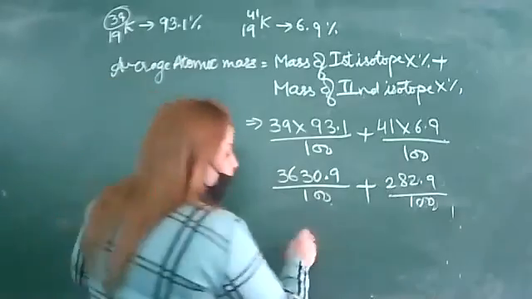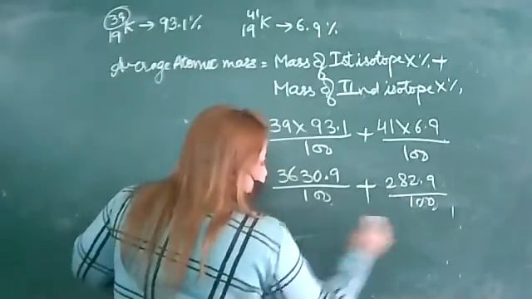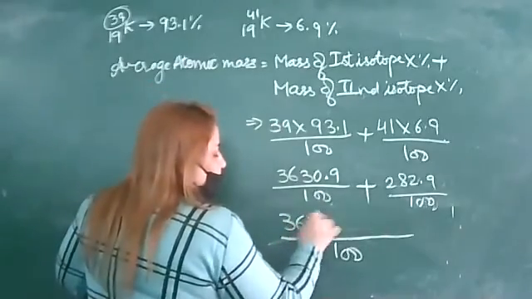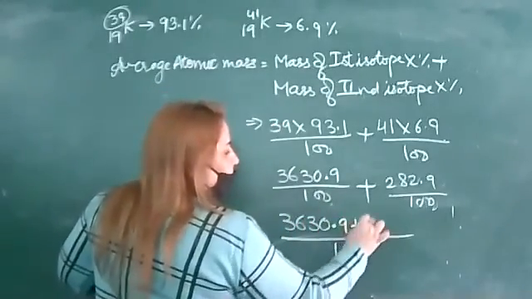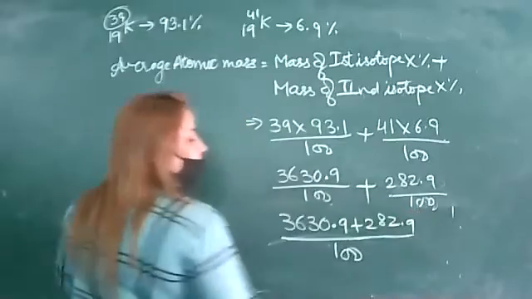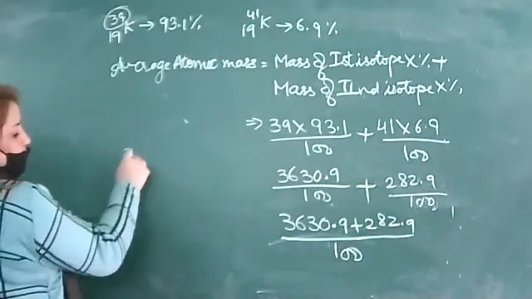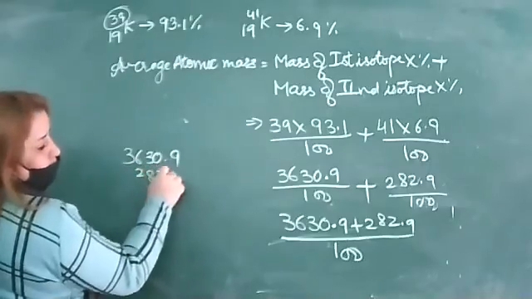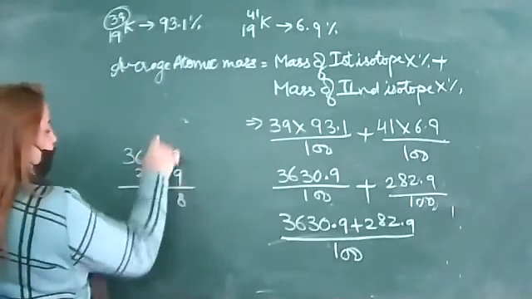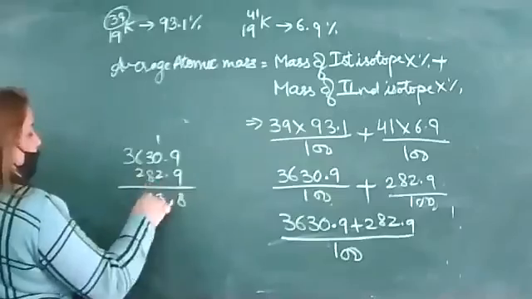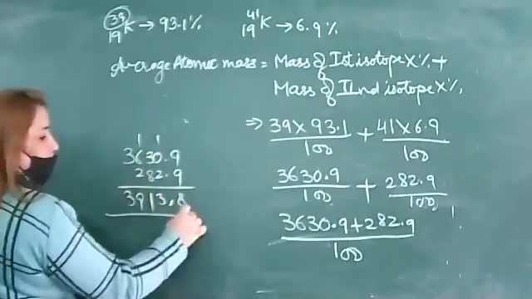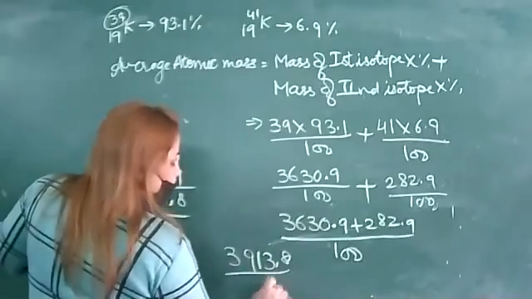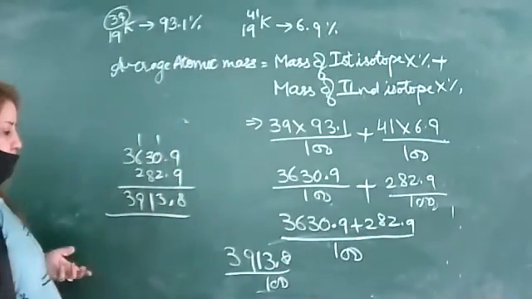It's up to our choice. I am taking the decimal. 3630.9 plus 282.9, add these two. It comes to 3913.8 divided by 100.